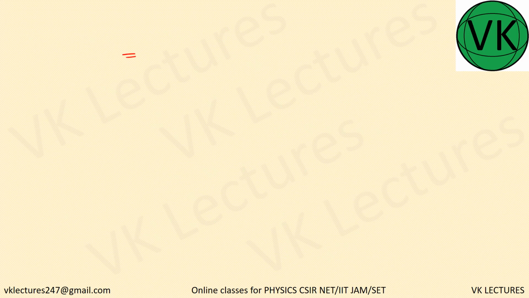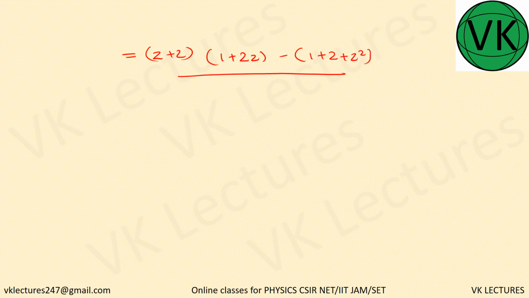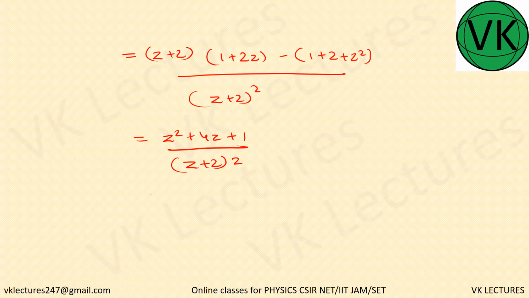That is equal to z plus 2 into 2z minus 1 plus z square divided by z plus 2 whole square. We got z square plus 4z plus 1 divided by z plus 2 whole square, which is equal to z plus 2 whole square divided by z plus 2 whole square, equal to 1.